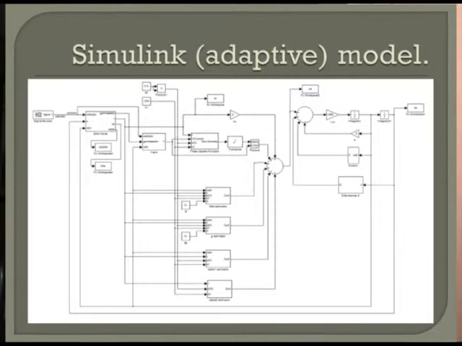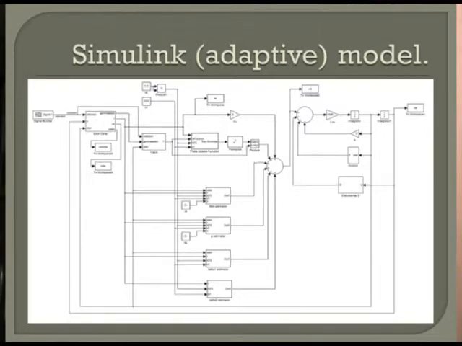Each of the subsystems in the bottom center is one of the adaptive updates for friction and the periodic disturbances, plus the delta 1 and delta 2 terms were some of the terms they used to capture the approximation error that could exist in the other functions.